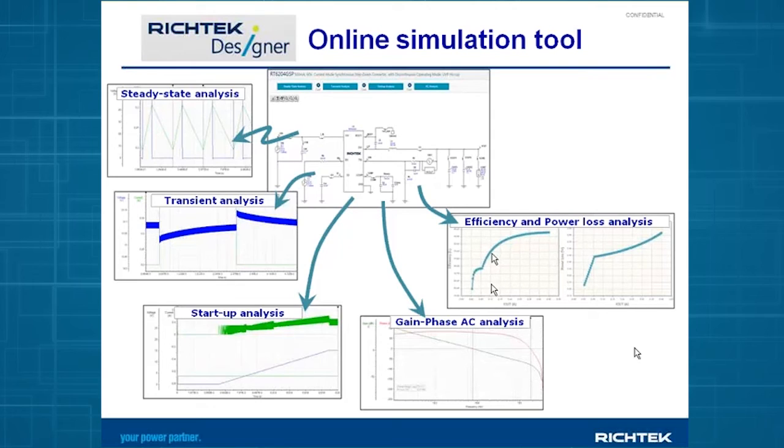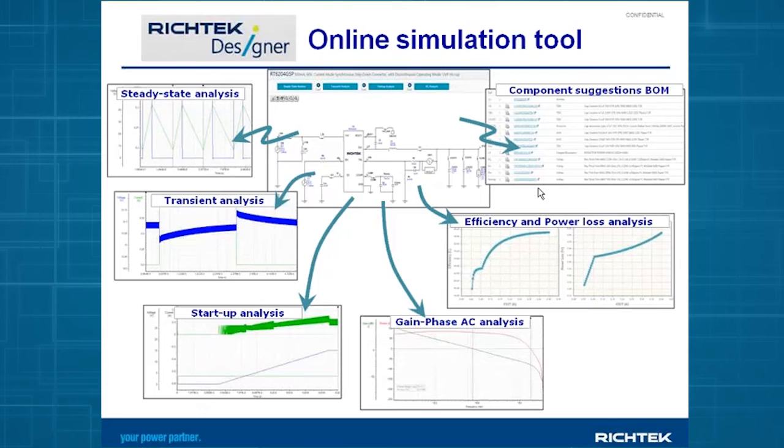And you can see here that at a certain moment the IC goes into pulse skipping mode. So when you have a light load condition, here you see the bump where the IC goes from CCM mode to PSM mode. So you see that the efficiency slightly increases. Finally, we will have a complete bill of material generation, and we have taken care that all the components in this bill of material will result in a stable design.